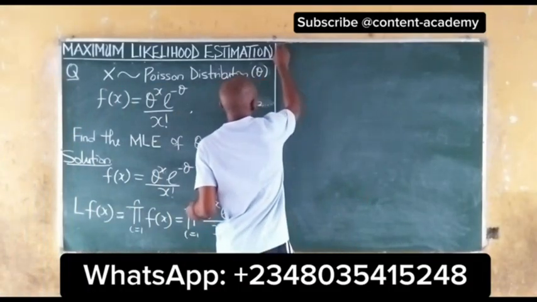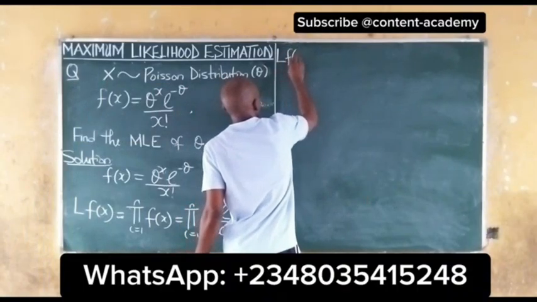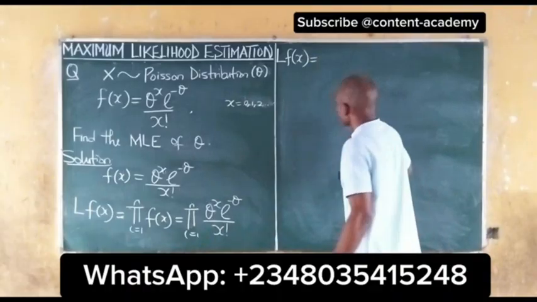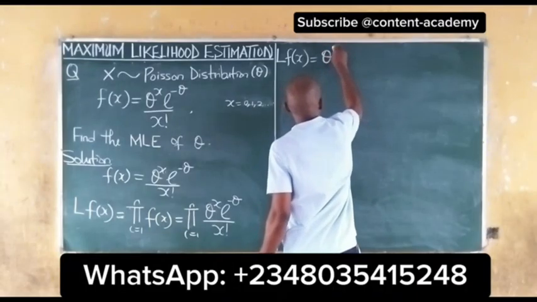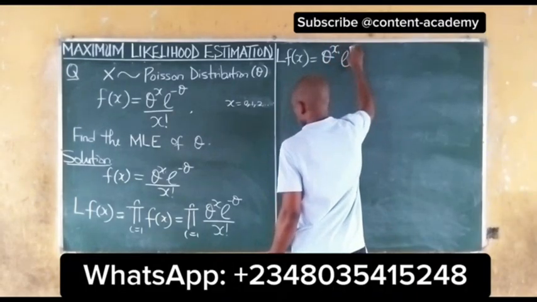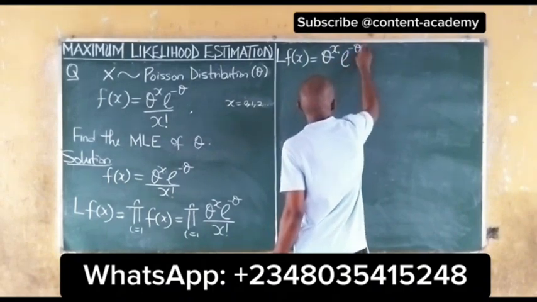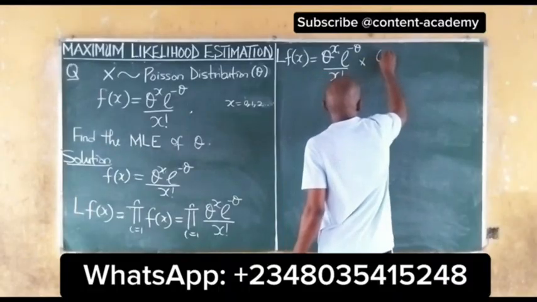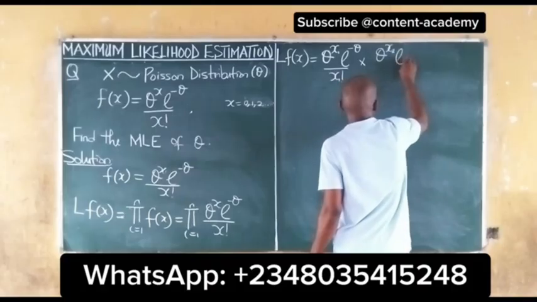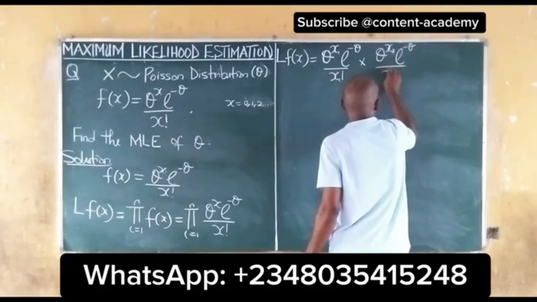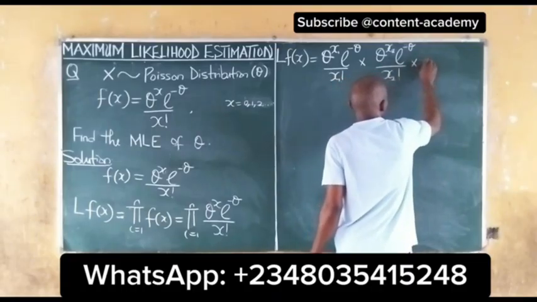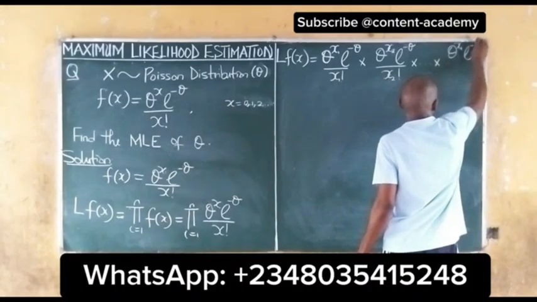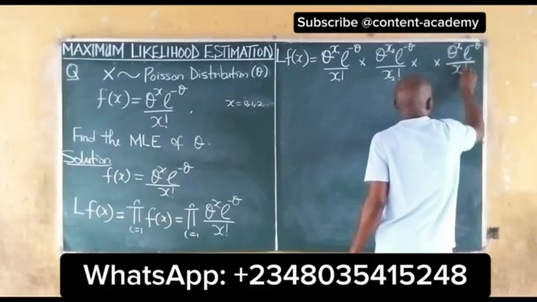So the product can be written as, if you take the product of this Poisson distribution, the first one will be theta to the power x1, exponential negative theta, all over x1 factorial, multiplied by theta to the power x2, exponential negative theta, all over x2 factorial, multiplied by, it continues like that to give us theta to the power xi, exponential negative theta, all over xi factorial.